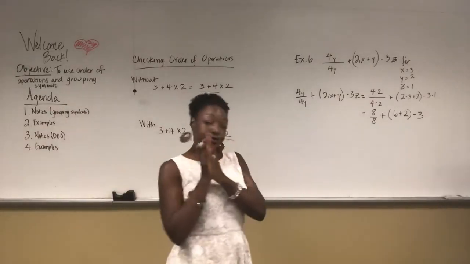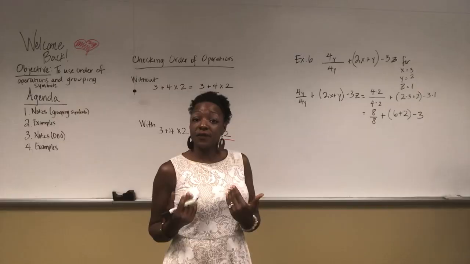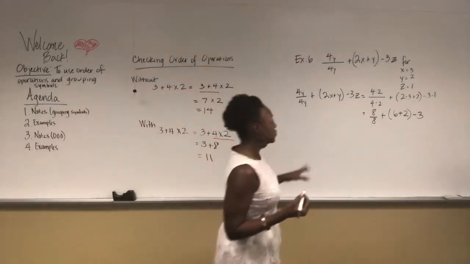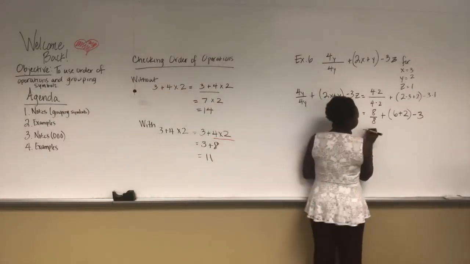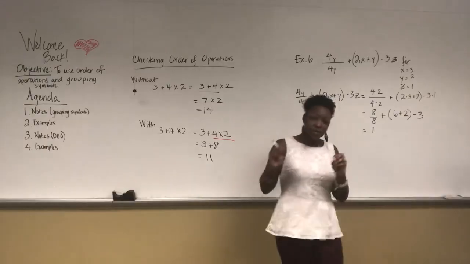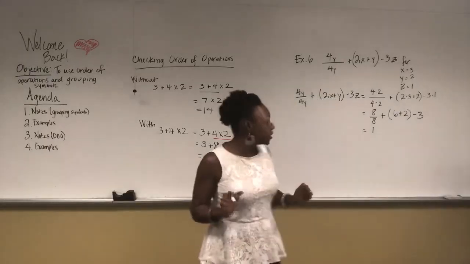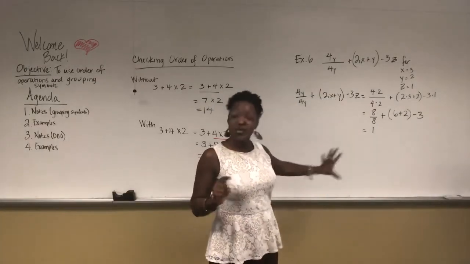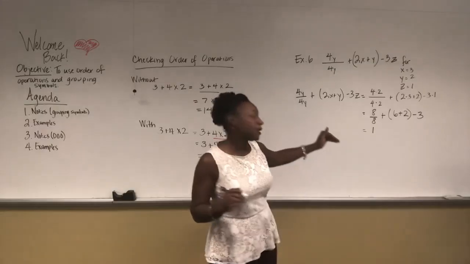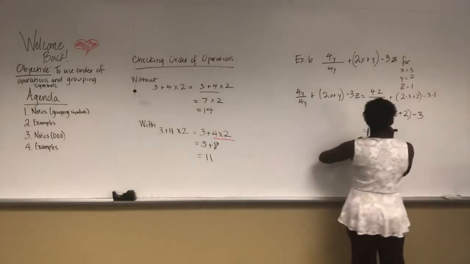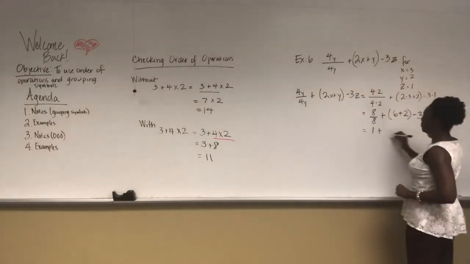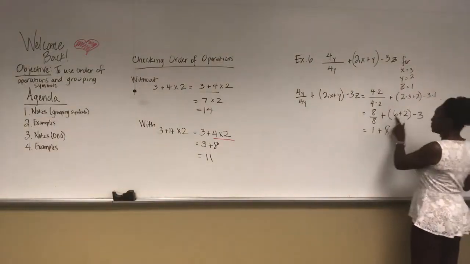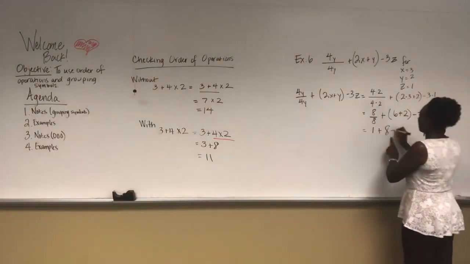But what we can do is anything over itself is 1. So 8 divided by 8 is 1. I'm not actually calculating so much as simplifying at this point, because that can be written as something much simpler than 8 divided by 8. So 1 plus, we go ahead and add the 6 and the 2. That is 8, minus 3.